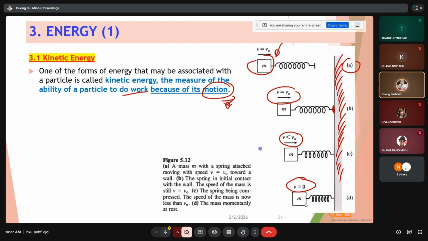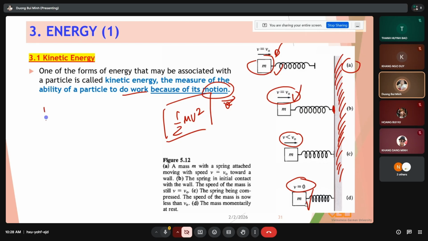So depending on the velocity, you can get kinetic energy, which is half m v squared. We studied this in high school, just a review. Here there is no kinetic energy, and here is maximum kinetic energy.